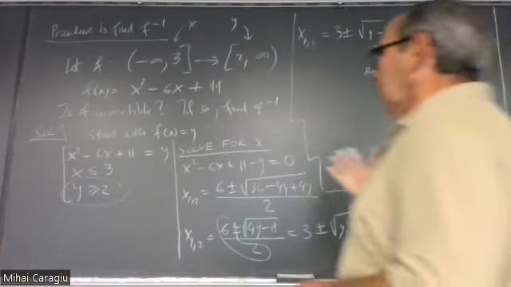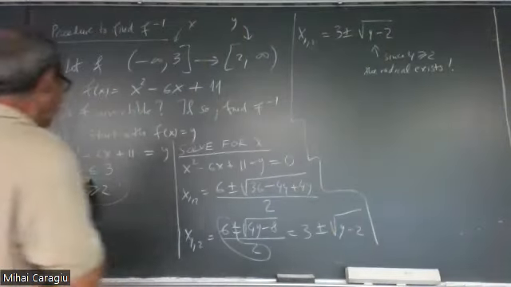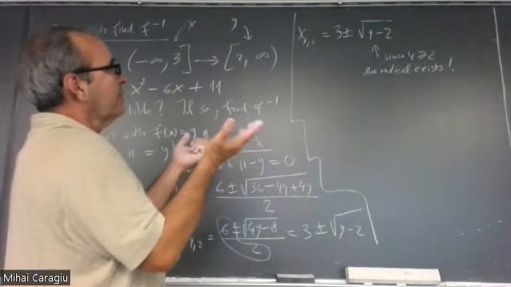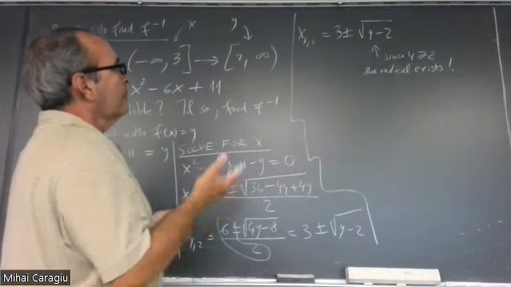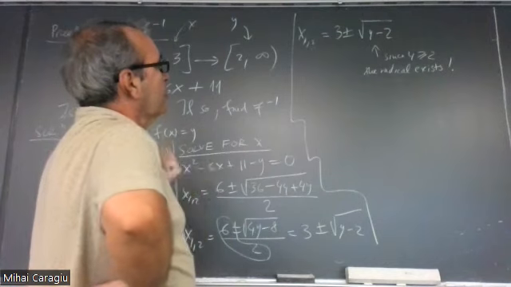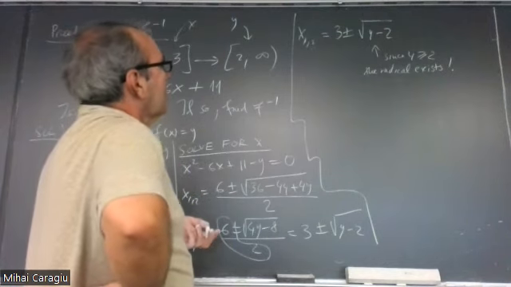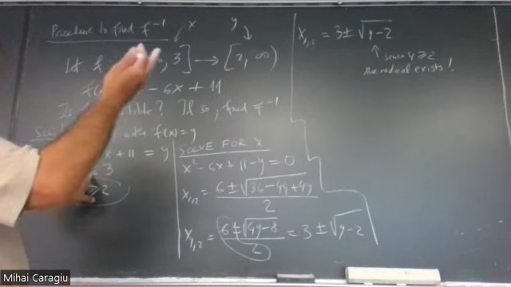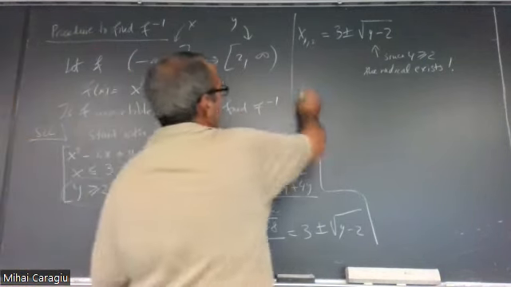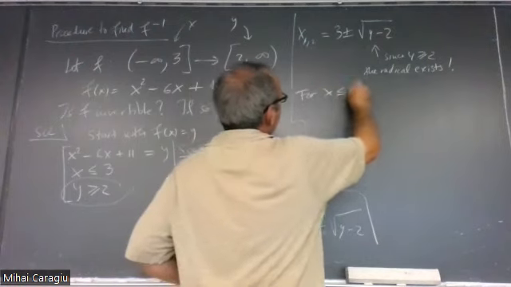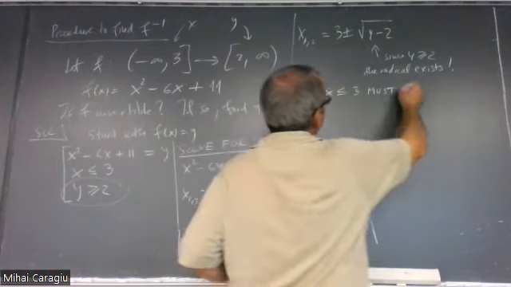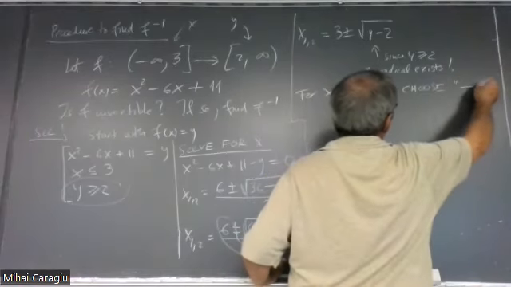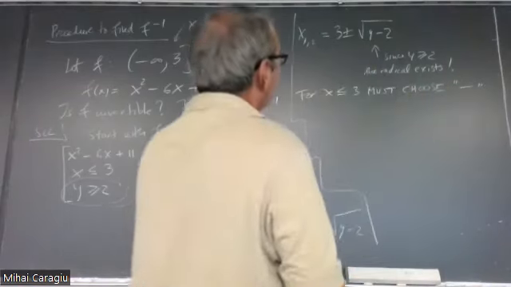Now we are looking at x being smaller than or equal to 3. For x to be smaller than 3, note that a radical is always bigger than or equal to 0. So for example, the radical of 4 is 2, not minus 2. So for x to be at most 3, we must choose the minus sign, because 3 plus the radical would be more than or equal to 3.